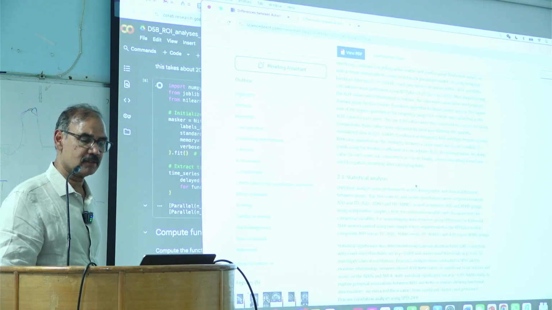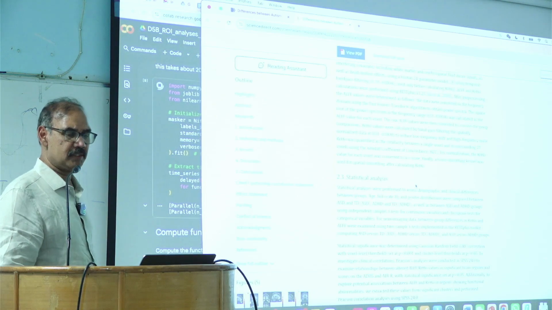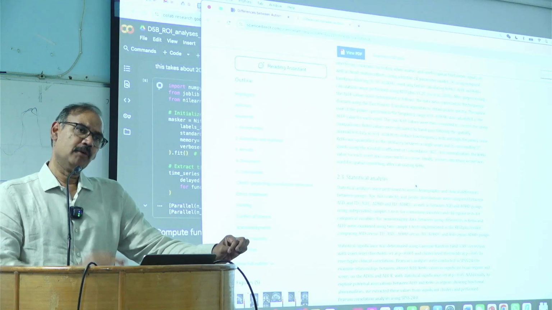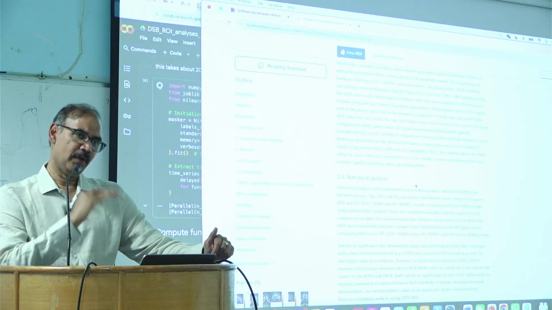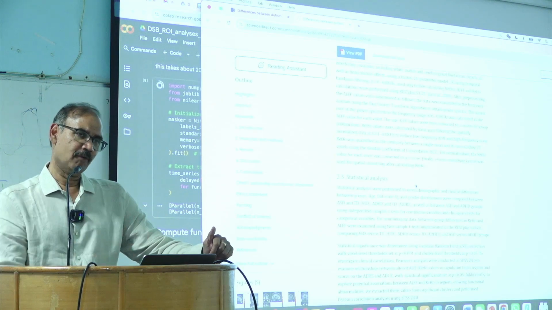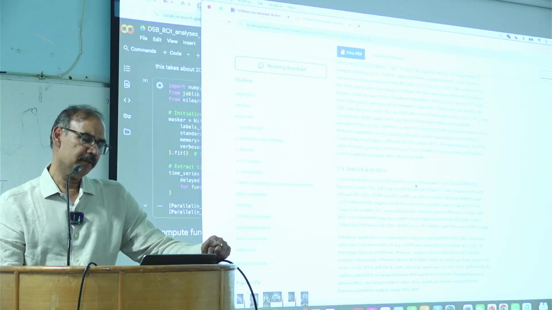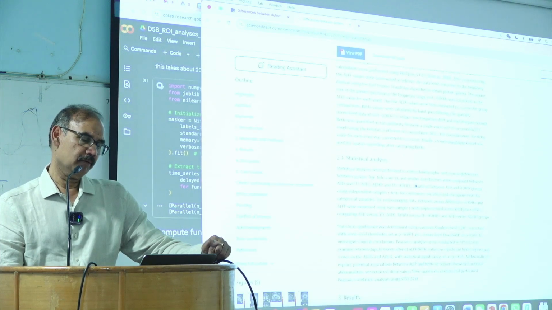That is also fairly straightforward to use. But the biggest difficulty in using that software is that you have to organize the data in a very specific way, like the way we have organized the data here. So if you can do that, maybe it would be okay for you to do.